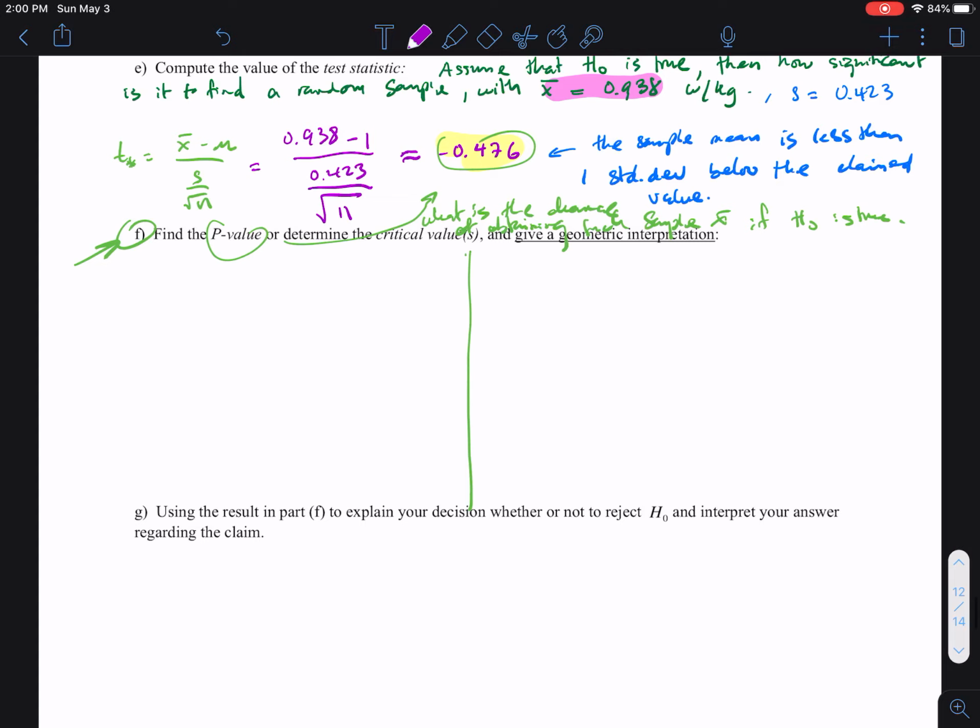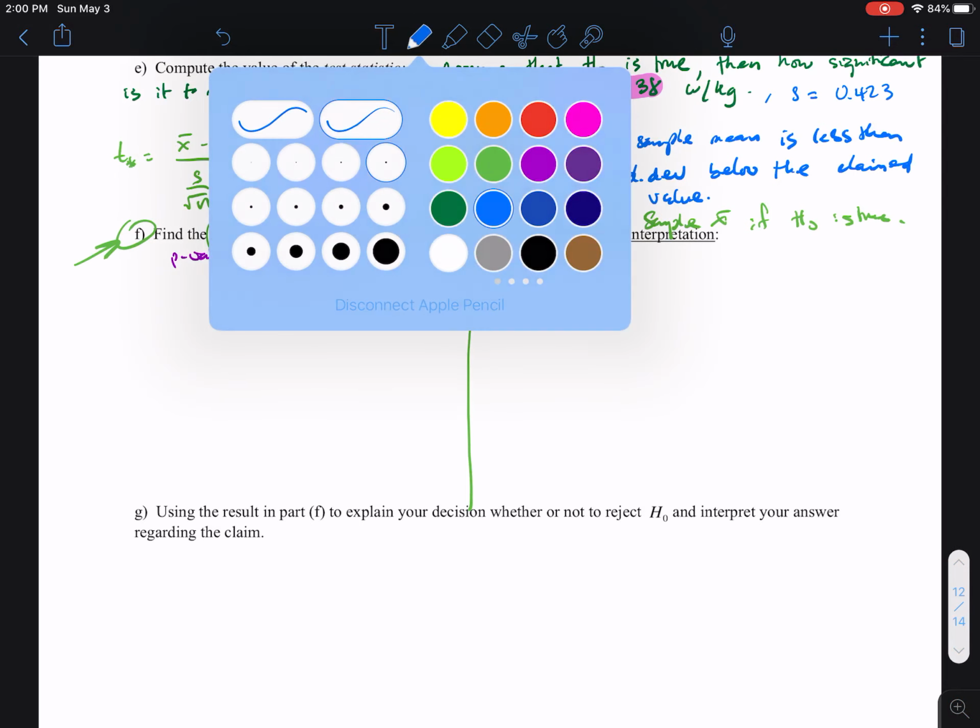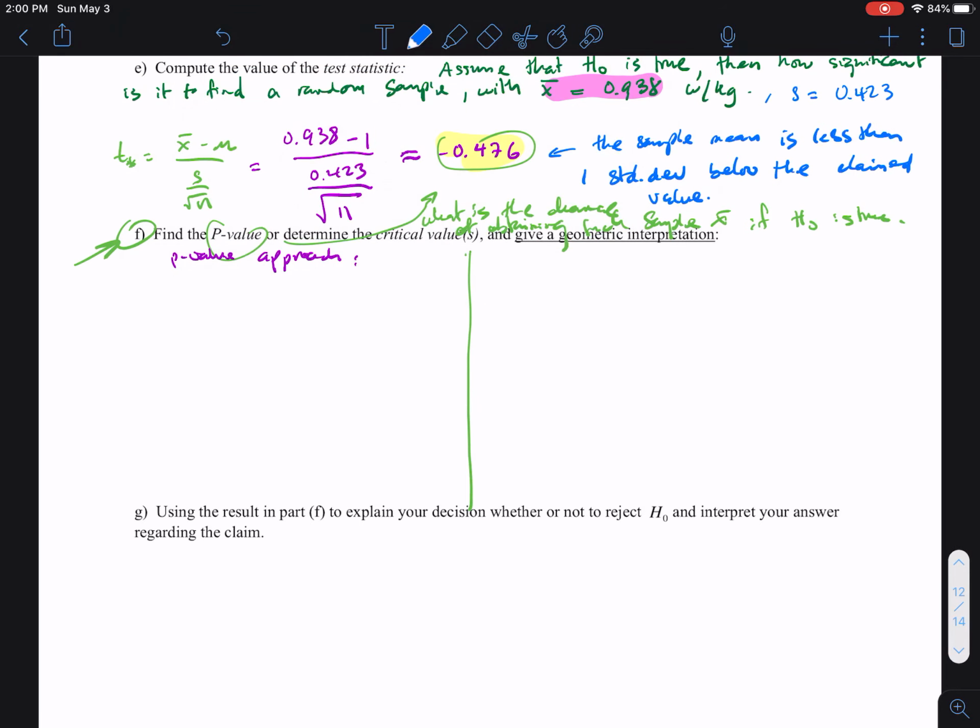So using the p-value approach, we start out with a tcdf. We want to see what is the probability, tcdf because we're using the t-distribution, of obtaining such a sample.